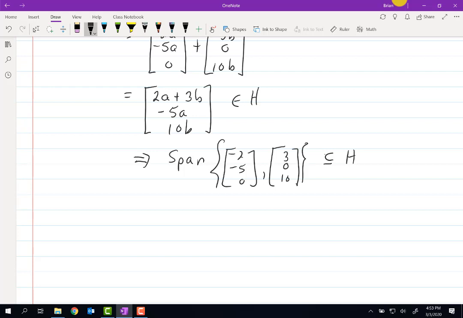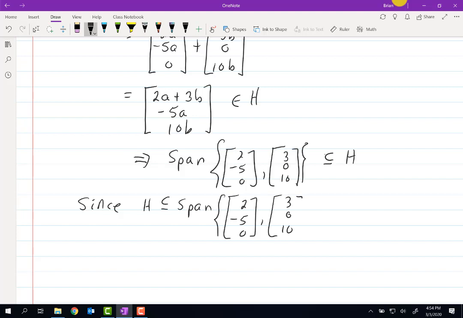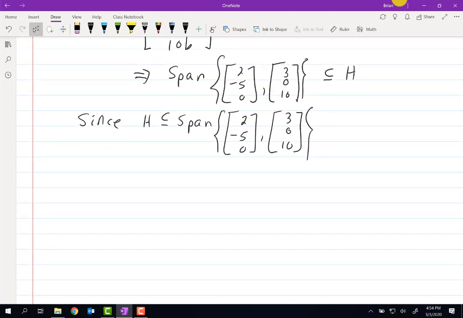is a subset of H. So since H is a subset of the span of those two vectors. Did I get a negative in there somewhere? 2, -5, 0, comma, 3, 0, 10. Since H is a subset of that, and, well, I'll put it this way, this is kind of an interesting way to put it.